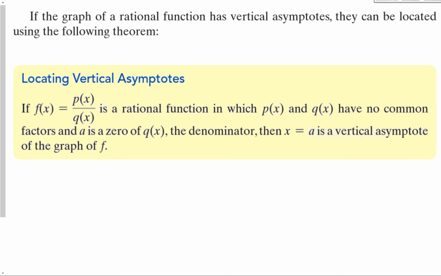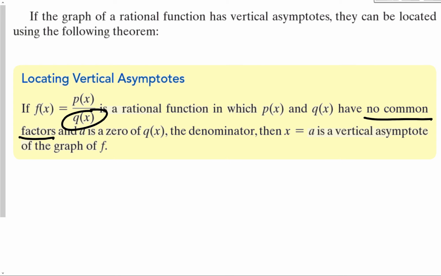If the graph of a rational function has vertical asymptotes, they can be located by the following theorem. If f of x is equal to p of x over q of x, a rational function in which p of x and q of x have no common factors, that's important, and a happens to be a 0 of q of x, so you figure out all the places where the denominator is equal to 0, then x equals a is a vertical asymptote.